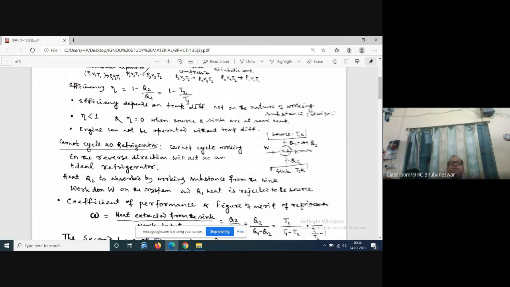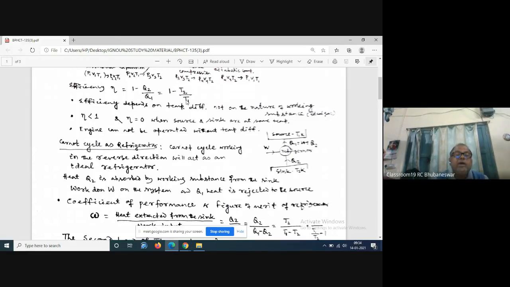So then the efficiency of the engine becomes 0. So we can say the engine cannot be operated if efficiency is 0, no work is done. Then what is the necessity of the engine? So the engine cannot be operated without a temperature difference.